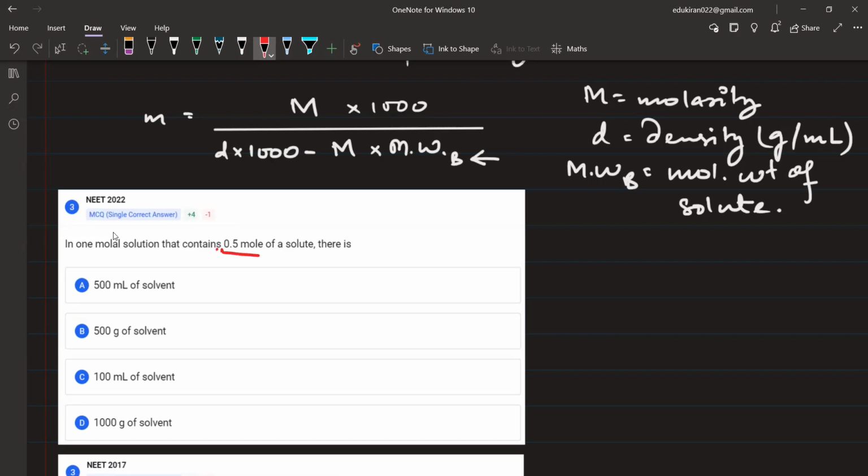Look at this part also. It says 0.5 mole. So 0.5 moles will be in what amount of solvent? If the concentration is 1 molar, the concentration is 1 mole per kg, then 0.5 moles will be in what amount of solvent?